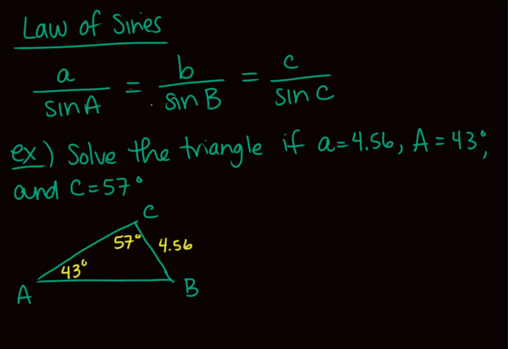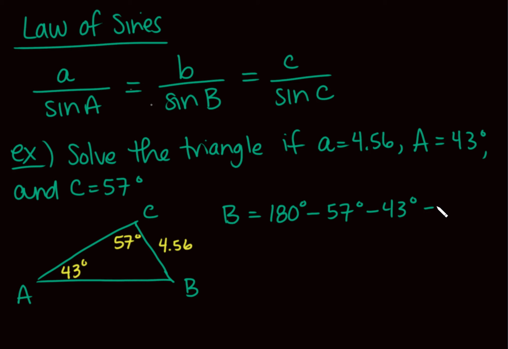The first thing I would probably do is go ahead and find B right now, because that's easy to do. I'm going to take 90, not 90, I'm not in a 90-degree triangle, sorry about that. I'm going to take 180 minus 57 and minus 43. I could probably do that in my head because 57 plus 43 is pretty nice.